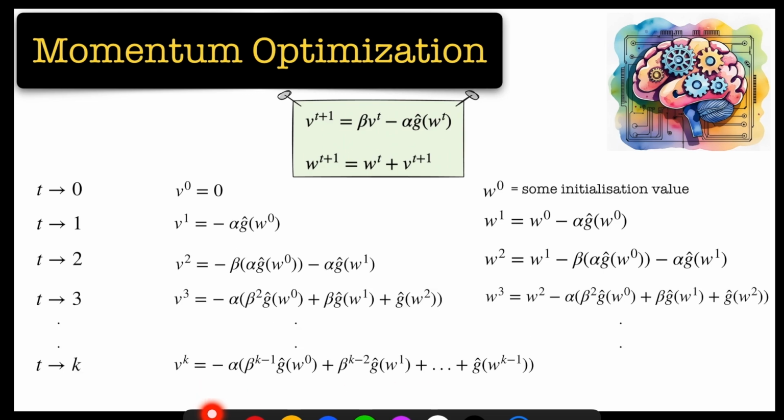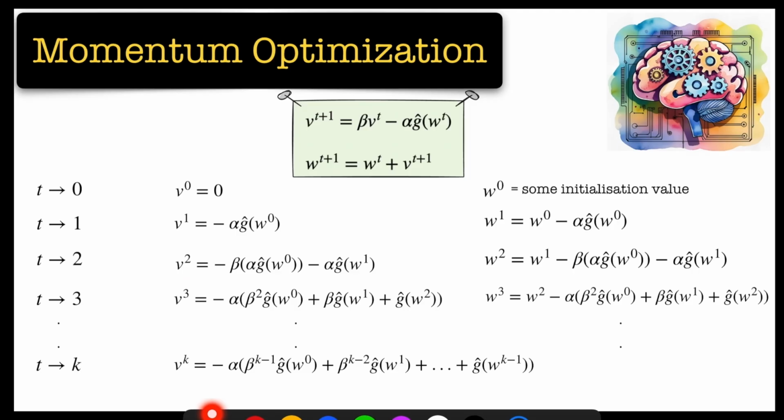If not, let's look at the next slide. We calculated till here. V3 is something like that, minus alpha and this. If we just keep on doing this, at the kth iteration we'll get Vk equals minus alpha times beta power k minus 1 g hat W0 plus beta power k minus 2 g hat W1, till g hat W k minus 1.